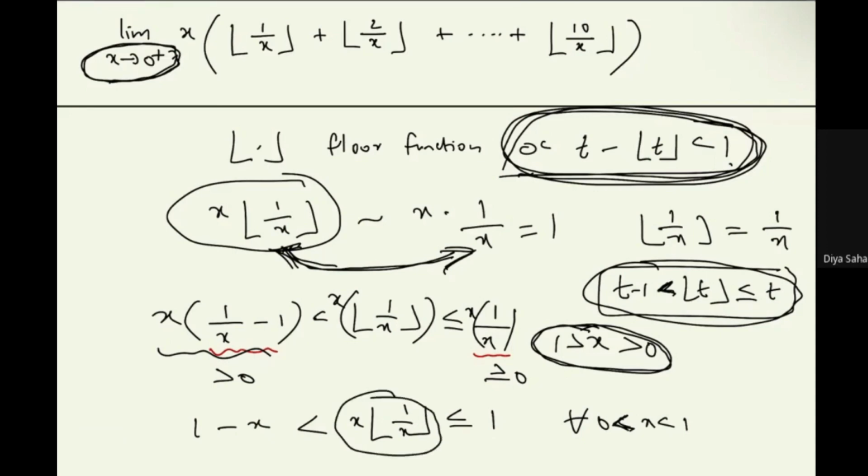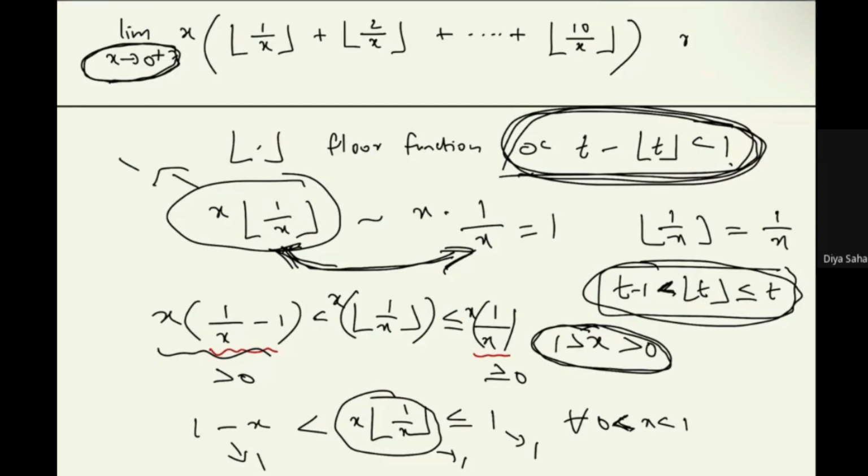Using what theorem? Sandwich theorem, because the left hand side tends to 1 as x tends to 0 and the right side is already 1. So the limit of the first term, x times the floor of 1 by x, is 1.